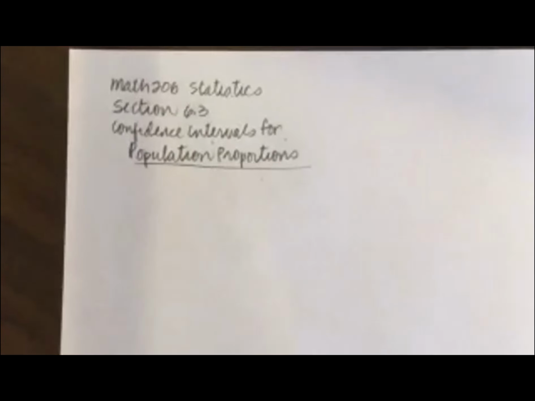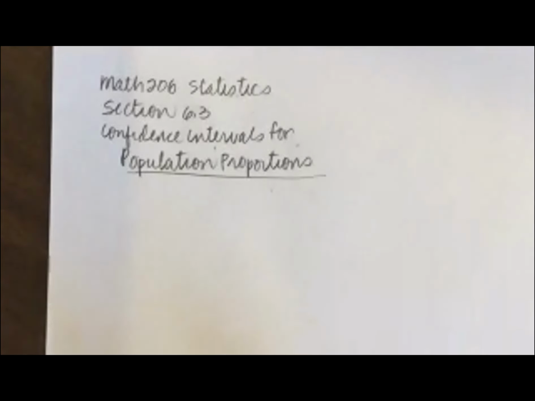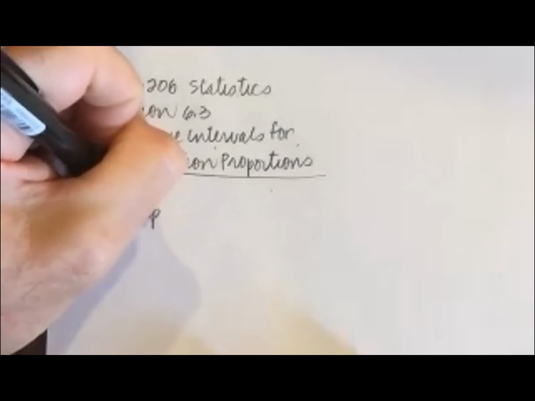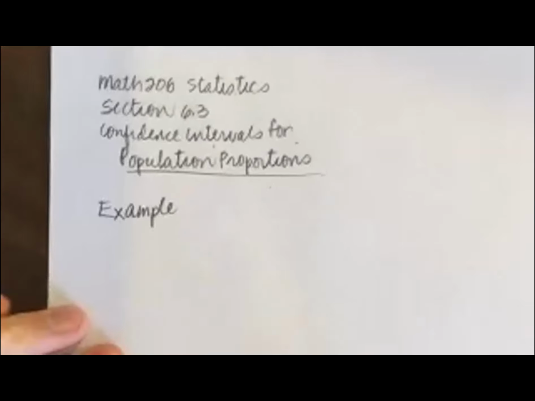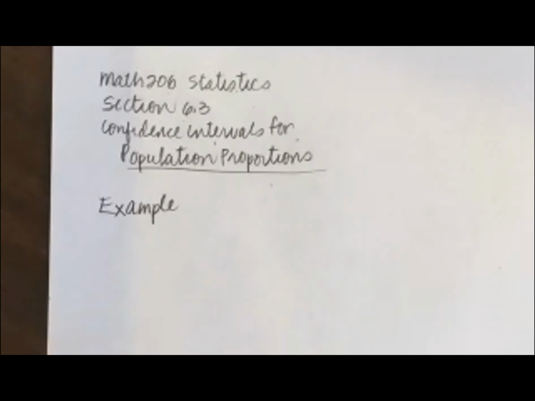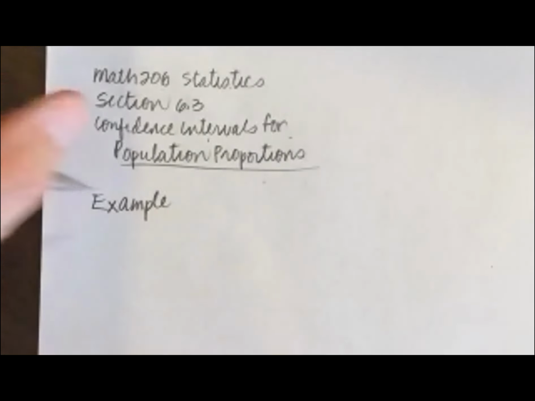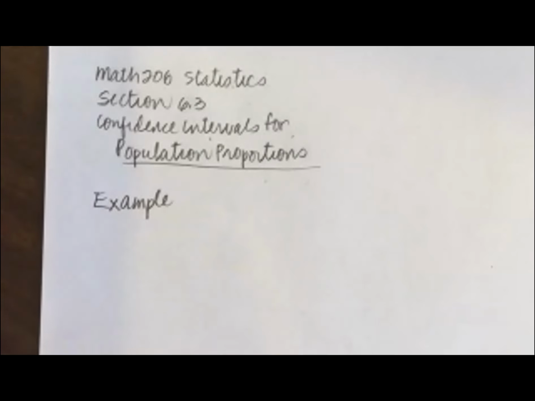Let's see if I can get this to focus a little bit better if we make it a little bigger. Okay, so here's the example. We're going to say, what's the chance that a person gets the flu given that they got a flu shot? So you go out and get your flu shot, and then we want to know what's the chance that the flu shot works. And so we're going to sample college students, and we're going to take a look at 800 college students in a sample.